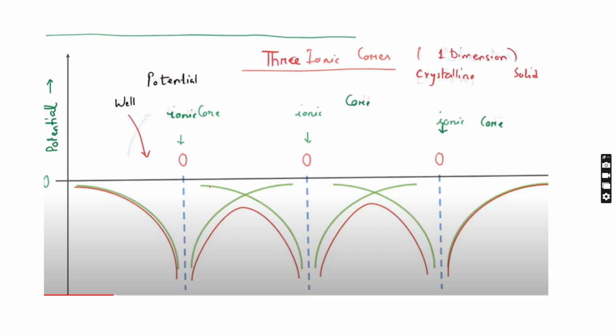For the second, the potential will be like here, the green color line marked here. When we look at the overall solid, the electron moving towards the ionic core will go to the potential value of the first one, then towards the next one. So you can see this red color.